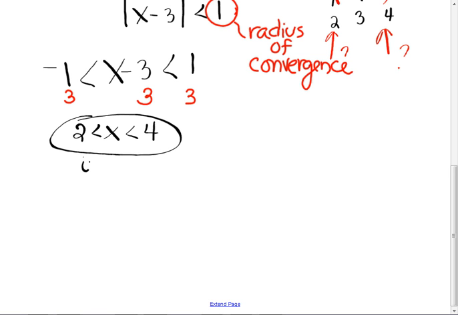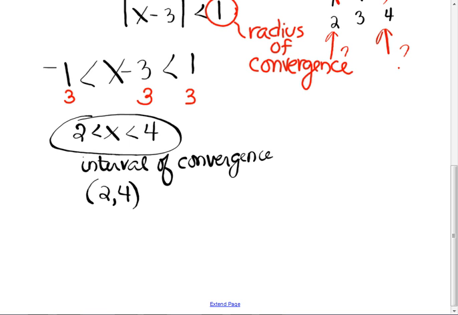That's called my interval of convergence, and you can write it this way. But now we have to check the endpoints.